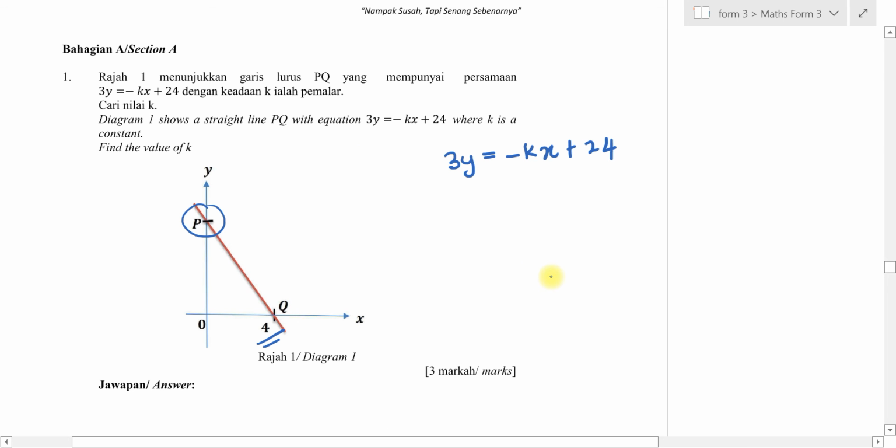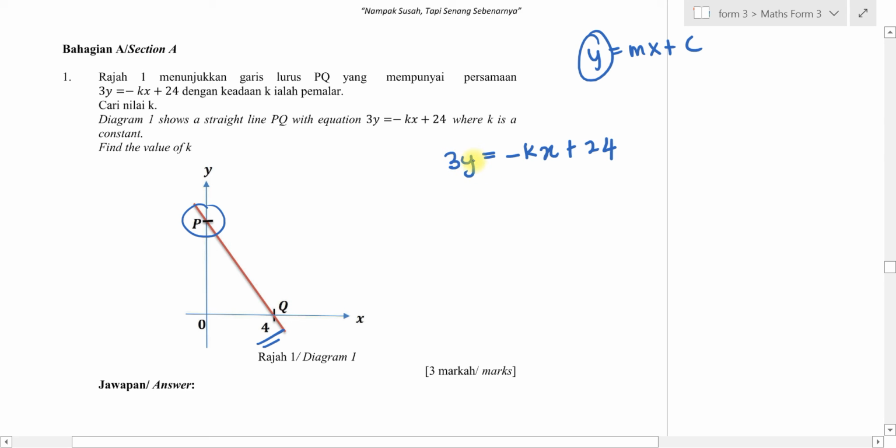Now, we try to modify the equation first. The equation they gave is 3y equal to negative kx plus 24. We try to make it into y equal to mx plus c form. The problem is the y must be single.